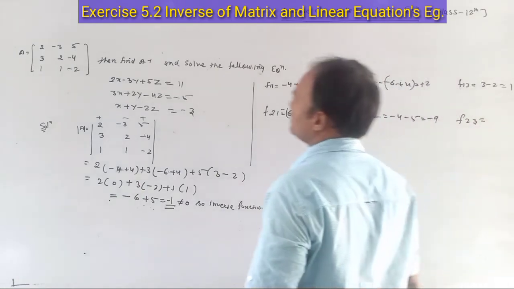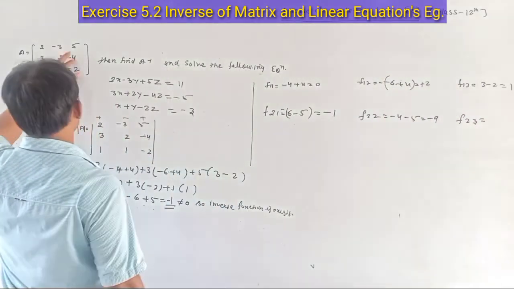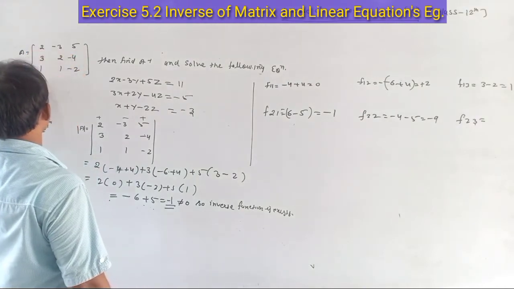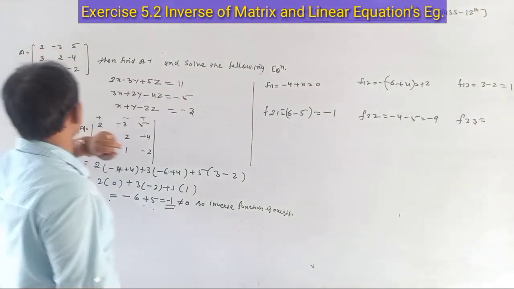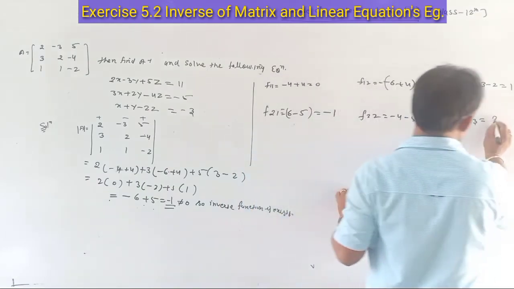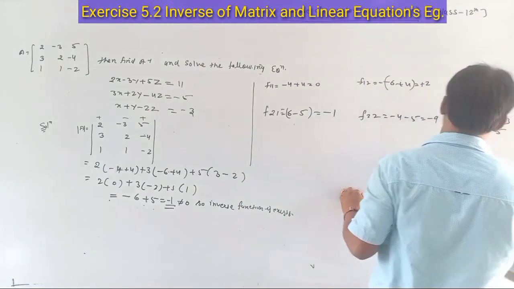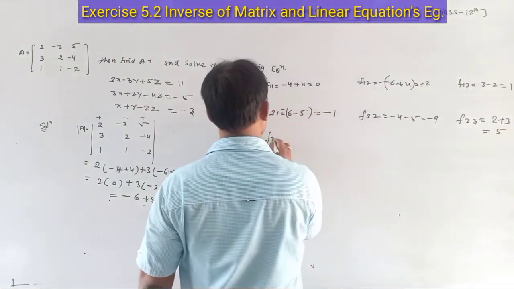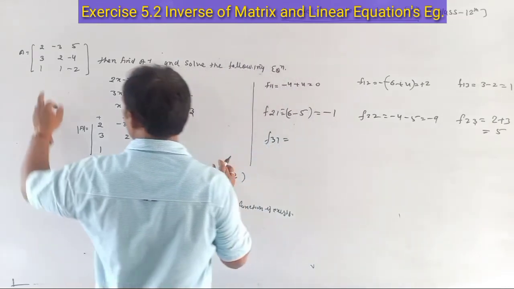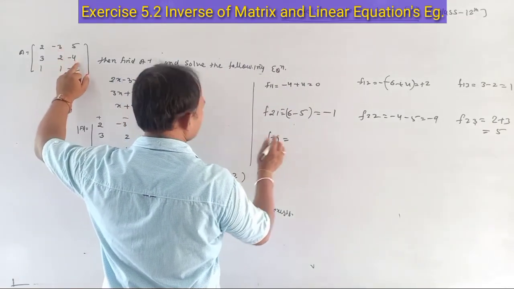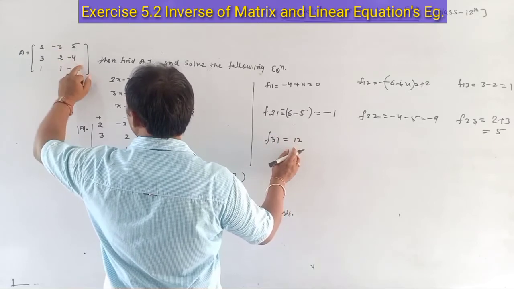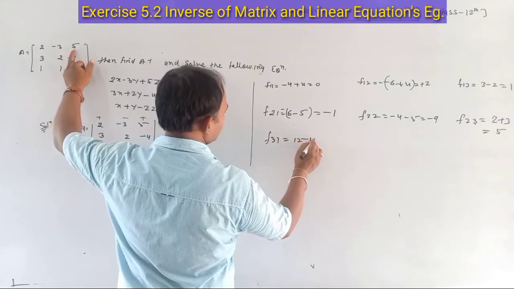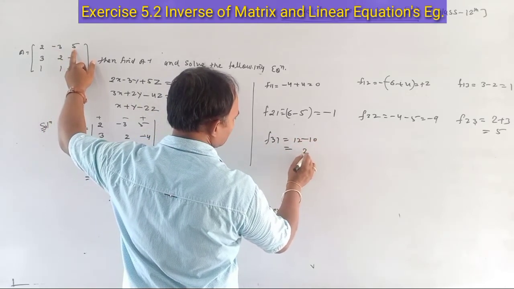F23 means we are going to find this value, so it is 2 plus 3, so it is 5. Now F31 means it is 12 and minus 10, so it is 2.